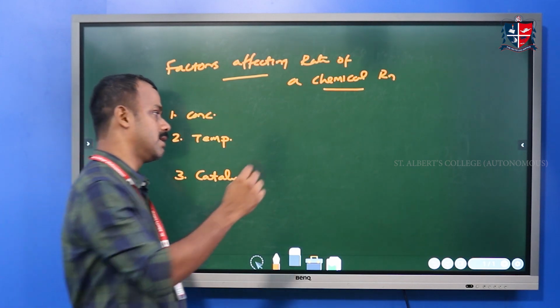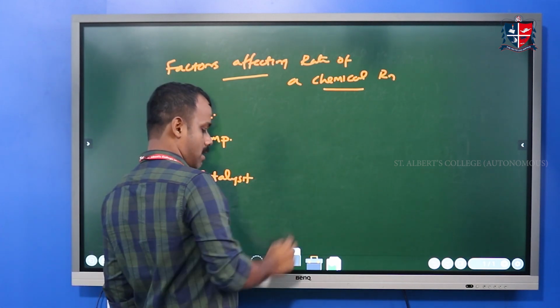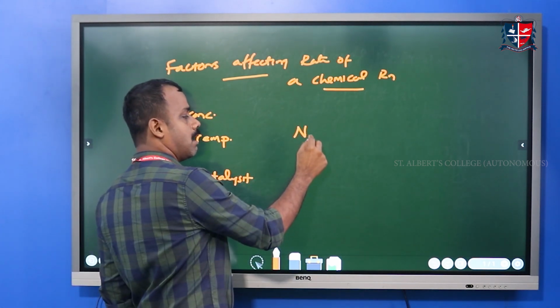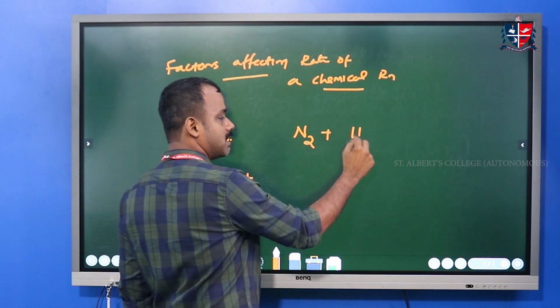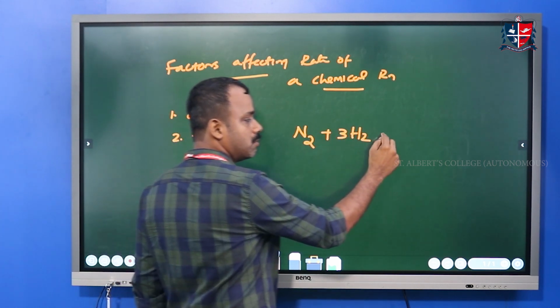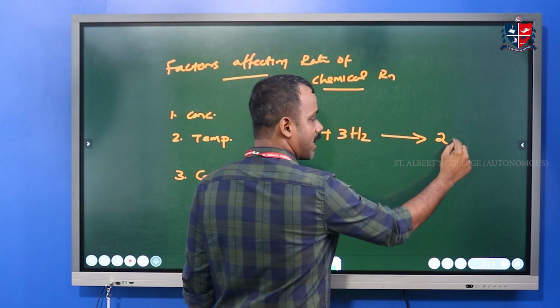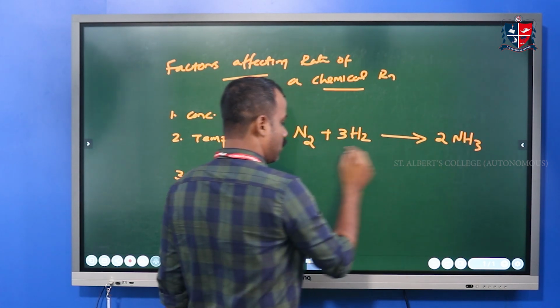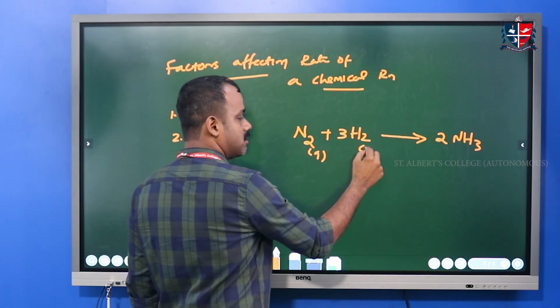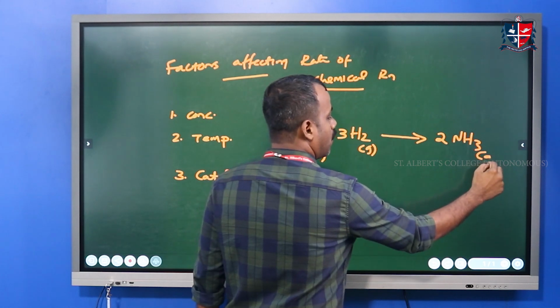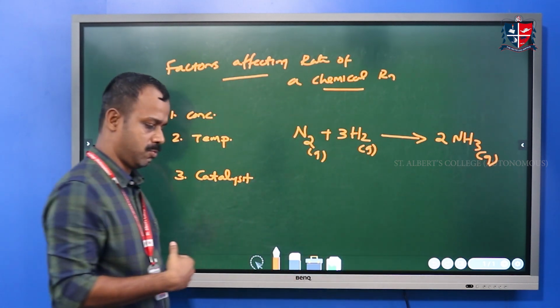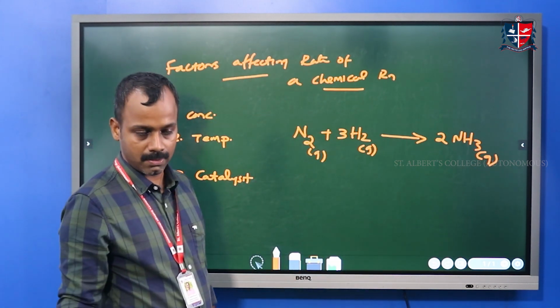We know the Haber process, that is nitrogen will combine with hydrogen, N2 plus 3H2, we get 2NH3. All these are gases, and this process will not take place smoothly at ordinary conditions.